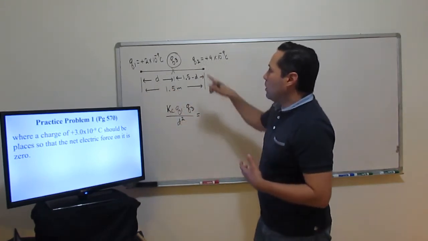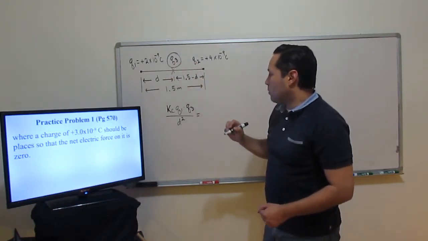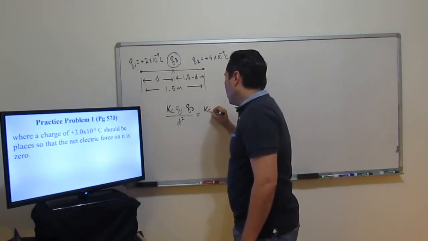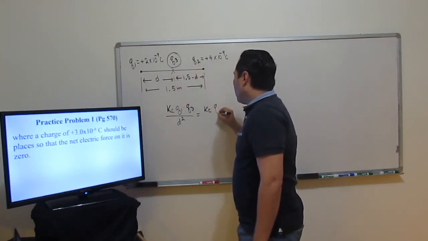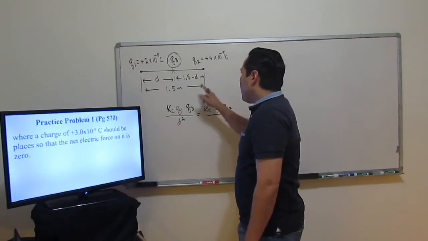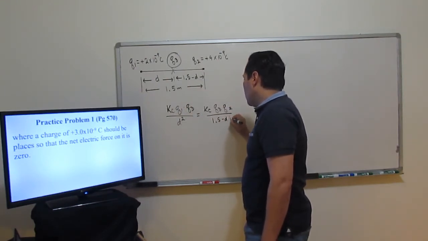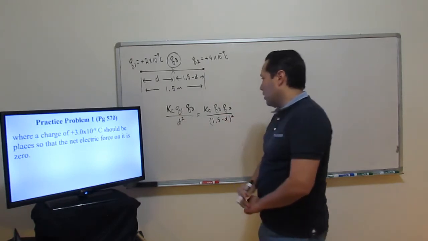On the other side, what is the force between Q3 and Q2? It must be the same. That's why I have the equal sign. It is going to be the constant times Q3 multiplied times Q2, divided by this distance, 1.5 minus D, and that whole thing is squared.